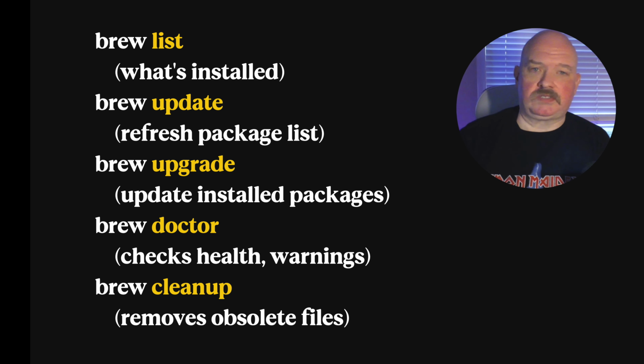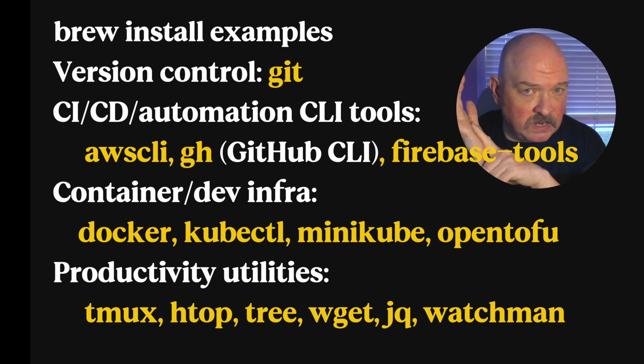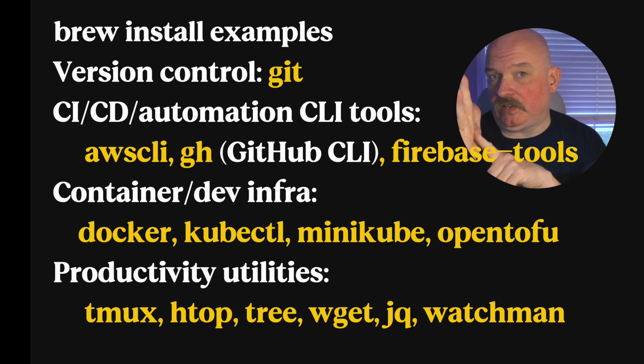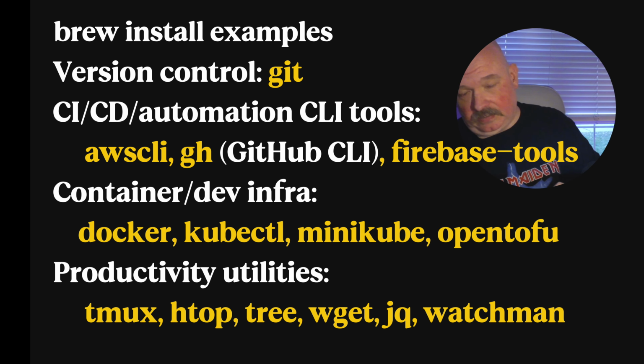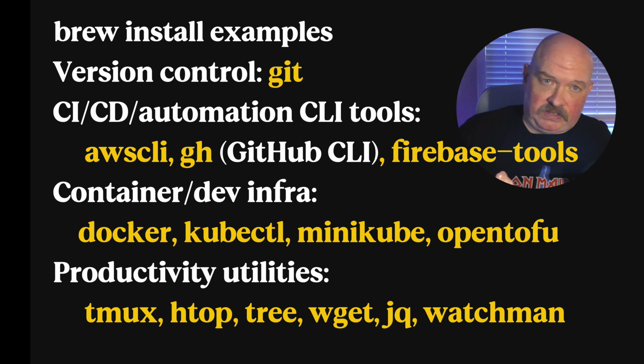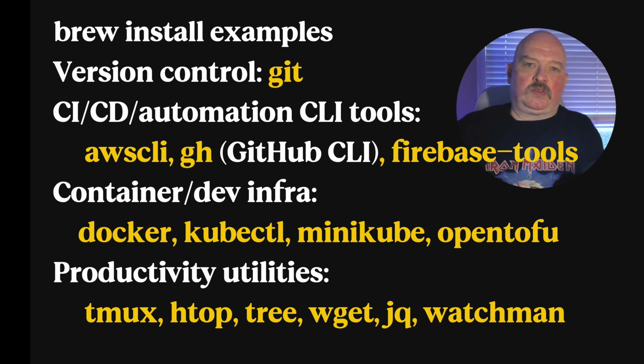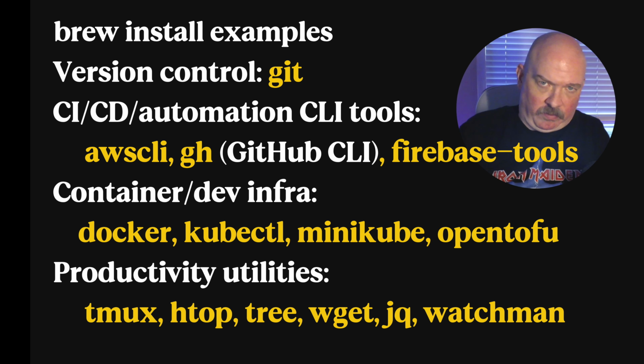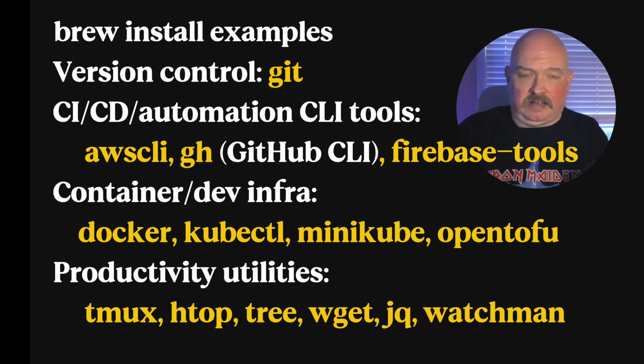Now here's a chart with some essentials. What kind of stuff do you install with Homebrew? Well, if you saw the first video, you know that Homebrew is installing in the system scope, and there are specific things we want in there. We want version control, like Git. We want CI/CD automation tools like AWS's CLI, GitHub's CLI, Firebase tools.